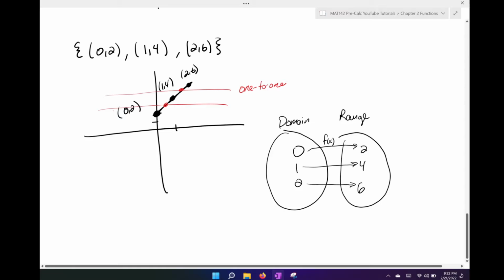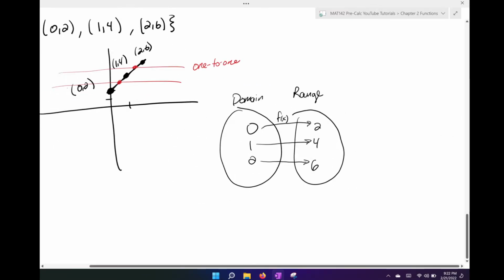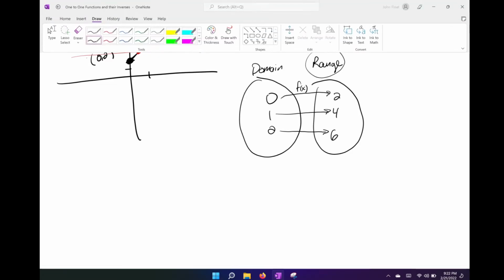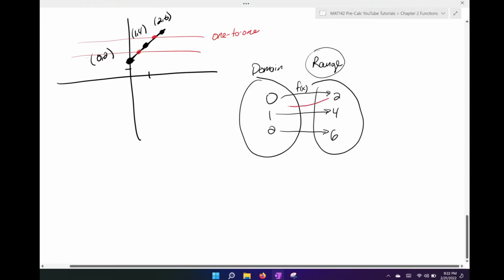The inverse says that what you're going to do is you're going to take your range and you can map them back to the original x value. Okay? And that is what we call the inverse of x.